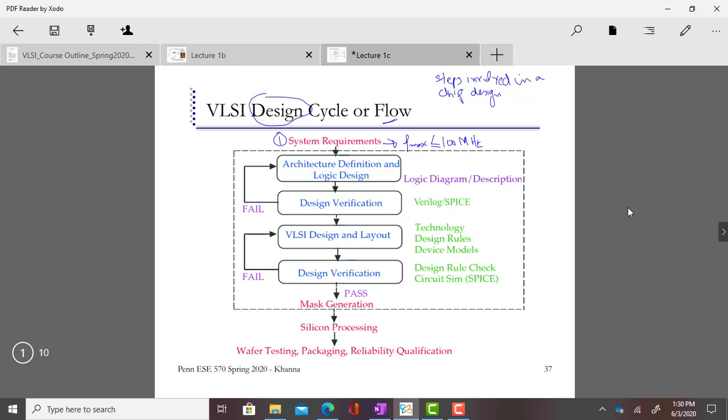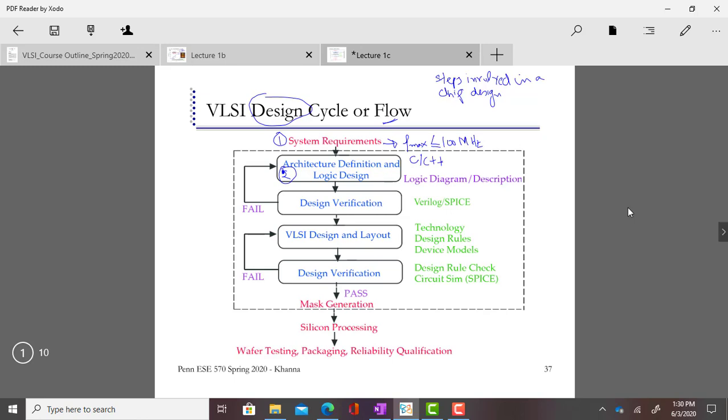Then the next step, number 2, is architectural definition and logic design. In this step you start with some form of capturing the design. For example, I told you in the last part you can capture your design in C or C++.